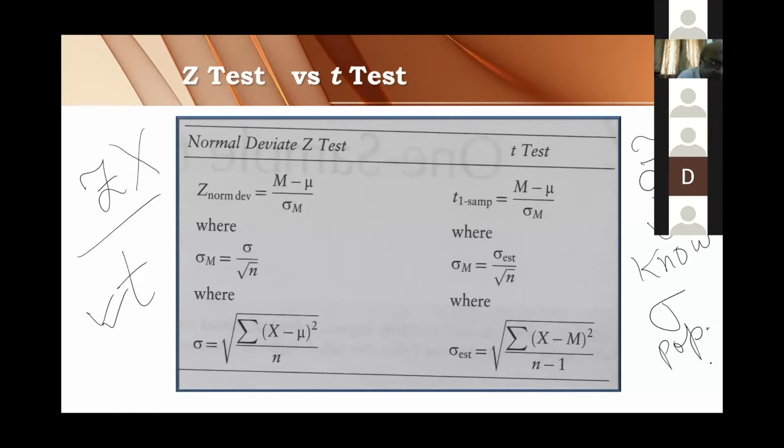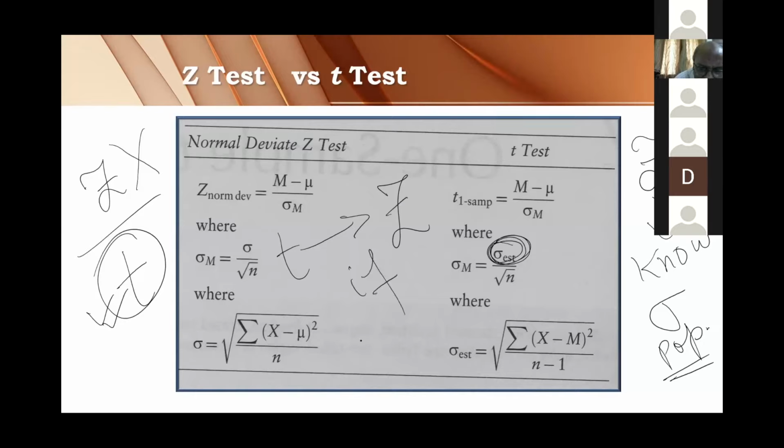T is based on the sample, you can use the sample standard deviation. That's one reason. The second reason is T converges to Z if we have a large sample.